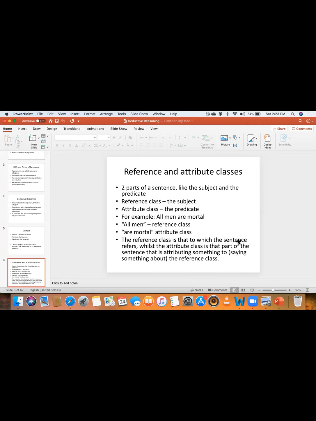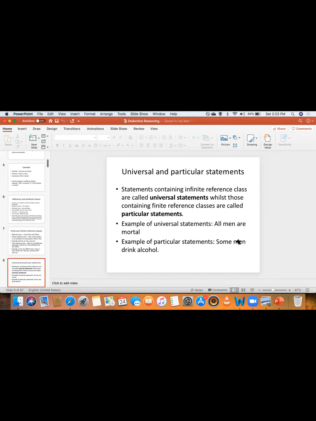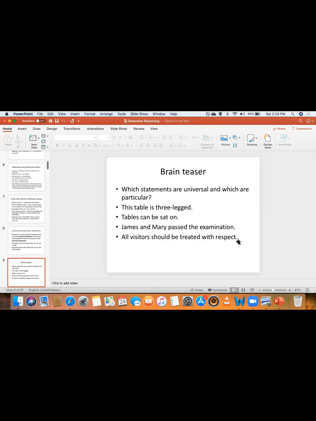We saw the difference between reference and attribute classes. This is just like the difference between definiendum and definiens. So the reference class is like the subject, the attribute class is like the predicate. And we have two kinds of reference classes, the finite and infinite.